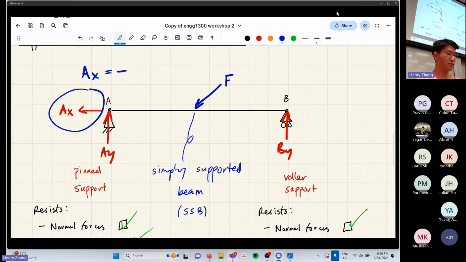If that makes sense. But mathematically, it should still work out. And if you assume this and got a negative number, there's no need to change it in your answer. You can just leave it negative and it's still the correct answer. Yeah, pretty much. That was a really good question. Thank you.